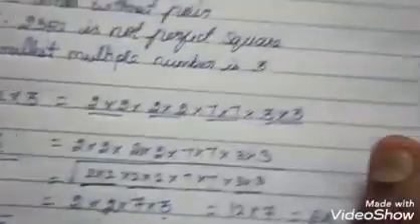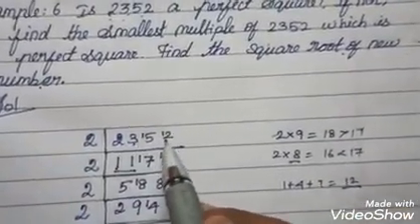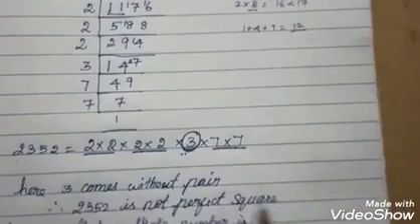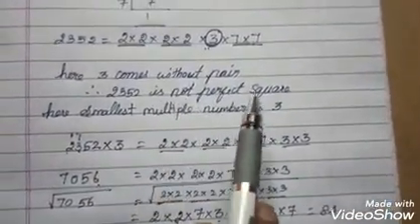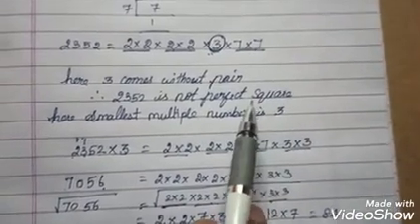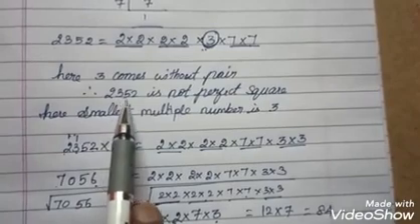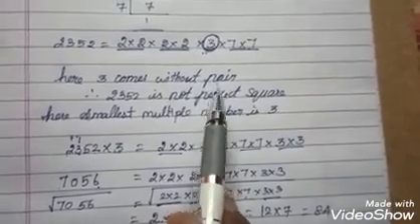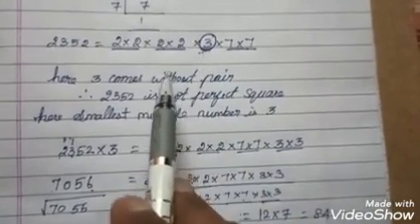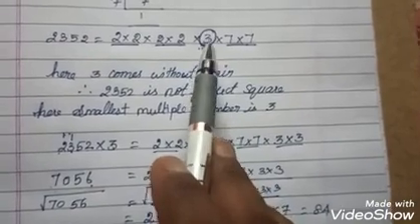So now you see the given number is 2352. Okay, so we found out that 2352 is not a perfect square. So already in the question, what we need to find, if 2352 is not a perfect square, we need to find out the smallest multiple. So here 3 comes without a pair. If you multiply with 3, it becomes a pair.